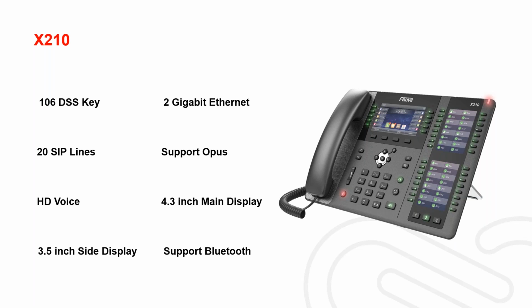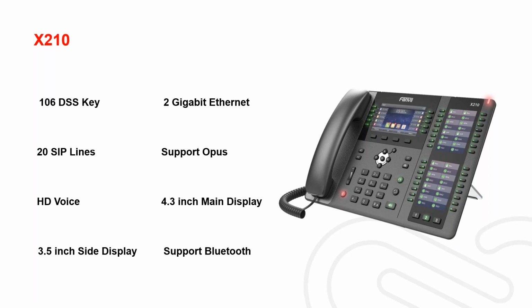And from this spec listed, you can see there is not much difference between the X210 and the X7 series phones, but it has a 4.3-inch LCD screen like the X6, and it has an independent DSS key LCD screen shown on the right side.